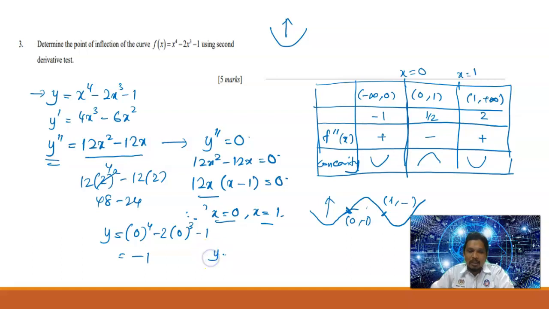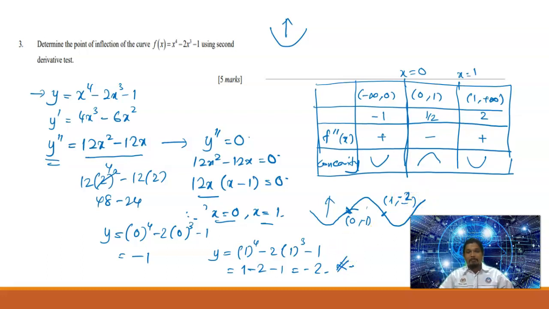What about y when x equal to 1? 1 to the power of 4 minus 2 times 1 cubed minus 1, which is 1 minus 2 minus 1, so negative 2. So the coordinate is 1 and negative 2. Okay, so that's it.